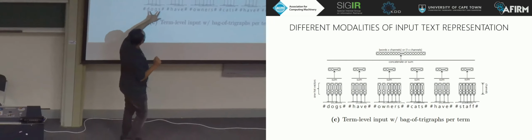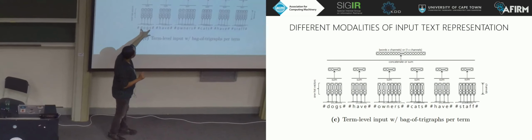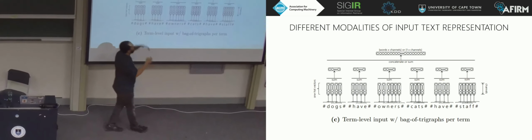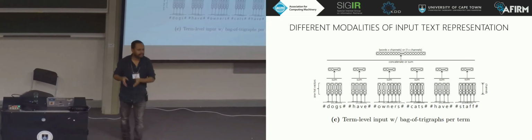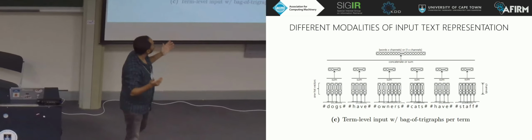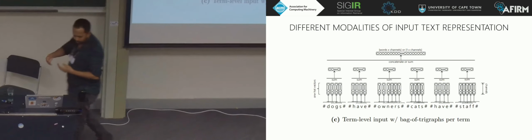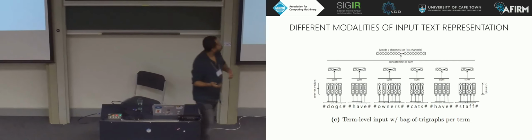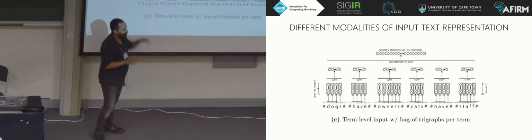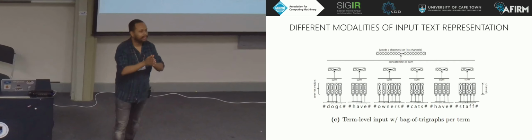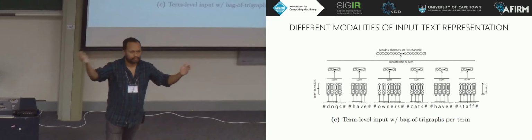So you're still doing this for words, so you end up with one vector per word. And then at the end, you could concatenate those word vectors, or you could even sum them up if that's what you wanted to do. So this is moving on to character trigraphs. By the way, there's also been work that, instead of having a fixed trigraph, uses n-graphs where n goes from 1 to some other value.